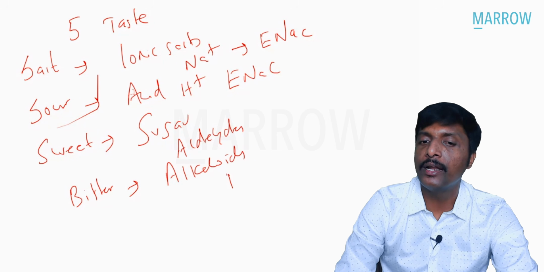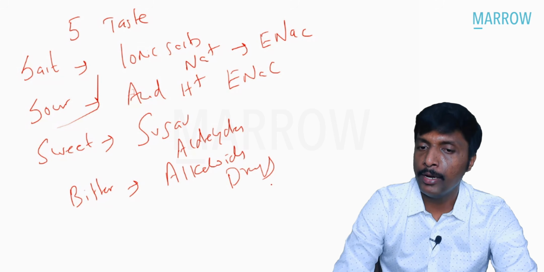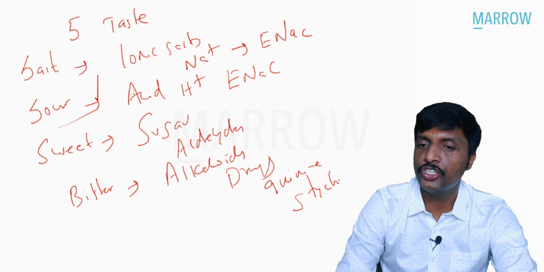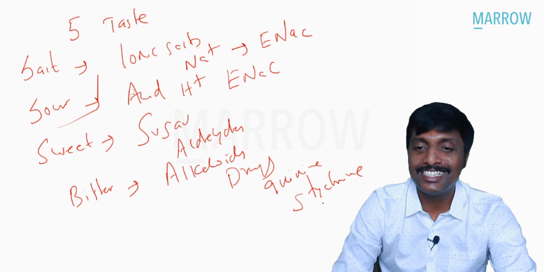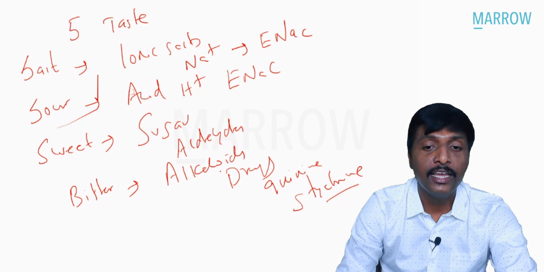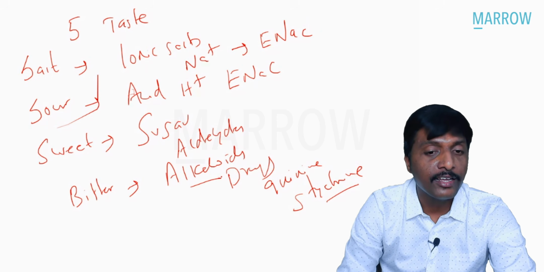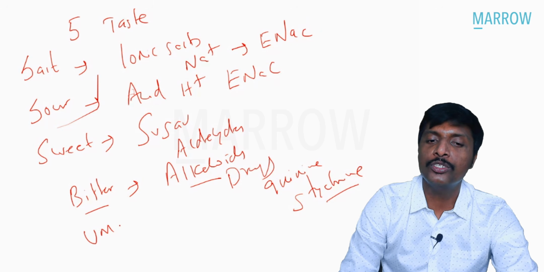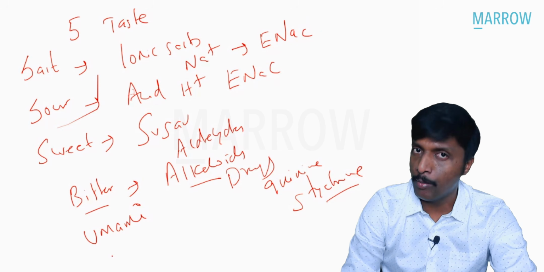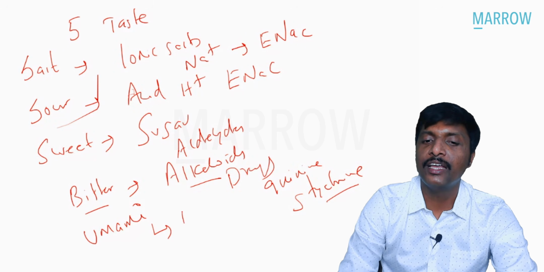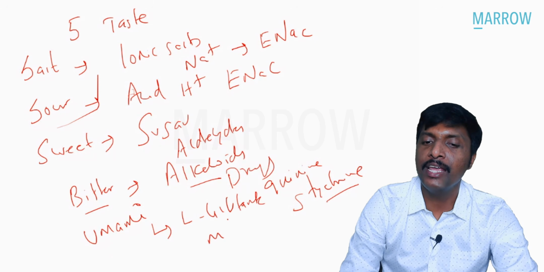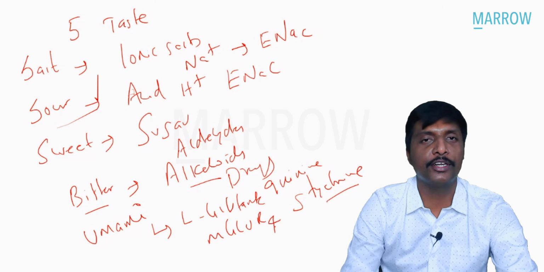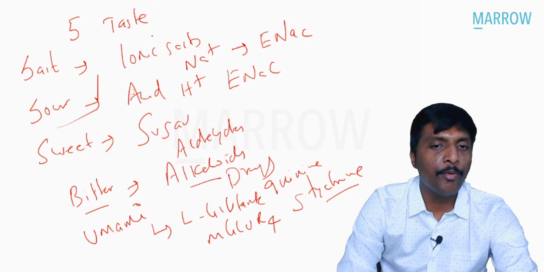For example, drugs. Remember, quinine, strychnine, they are toxic. Strychnine is particularly toxic. Its chemical component is an alkaloid that gives bitter taste. And finally, the most recently discovered umami taste because of L-glutamate, which is detected by the mGluR4 receptor. There are 5 important tastes.